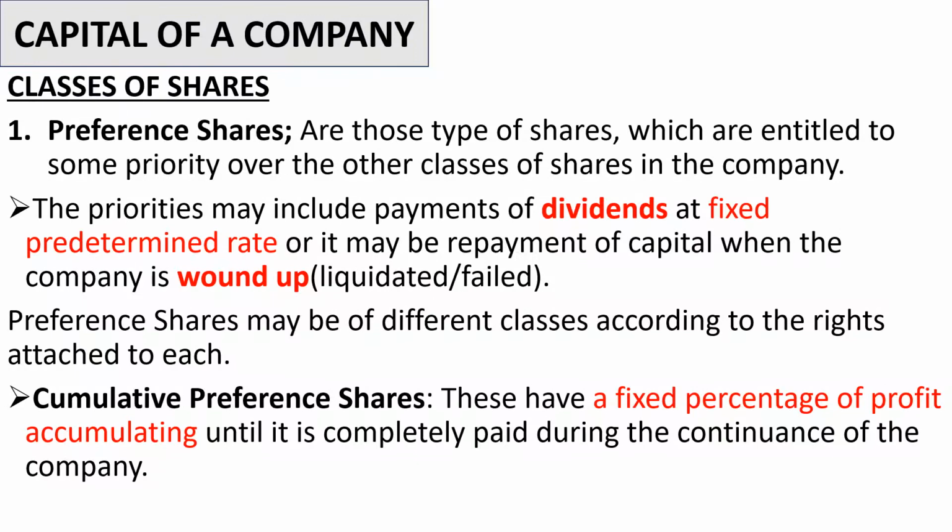So hope it's clear. In summary, preference shares have special conditions such as payment of dividend at a fixed predetermined rate, where every year they have to be paying the shareholder a fixed determined rate.